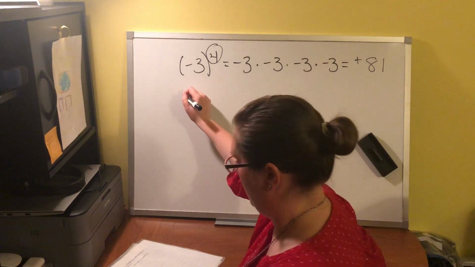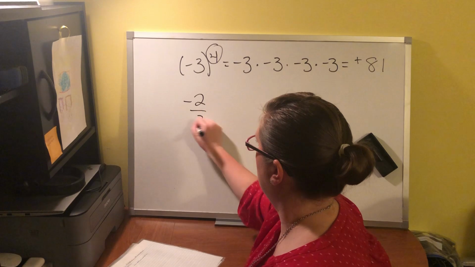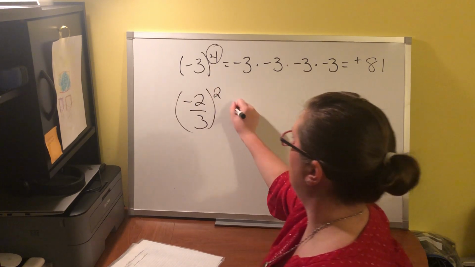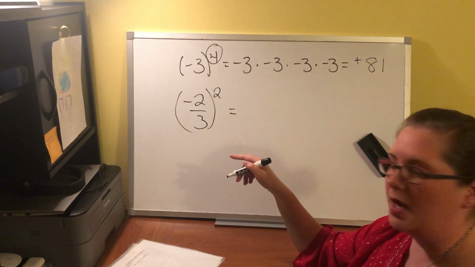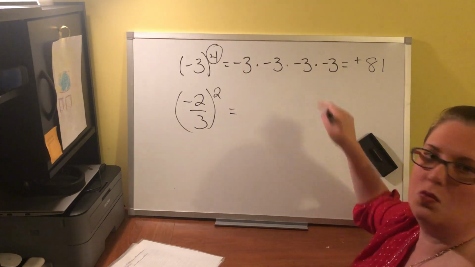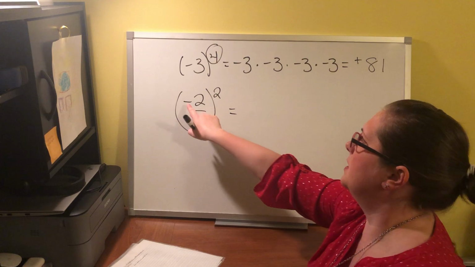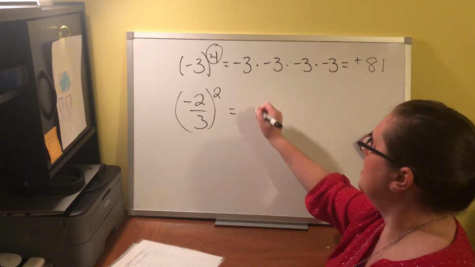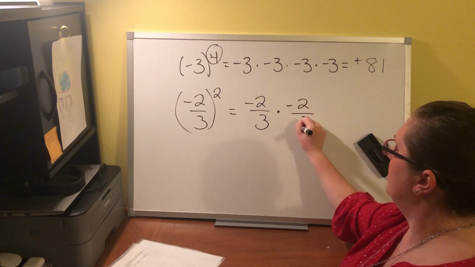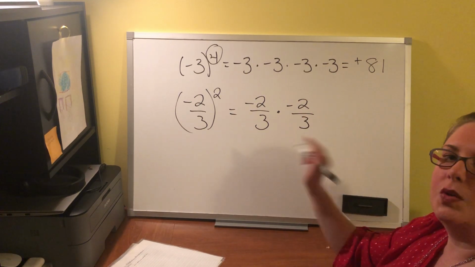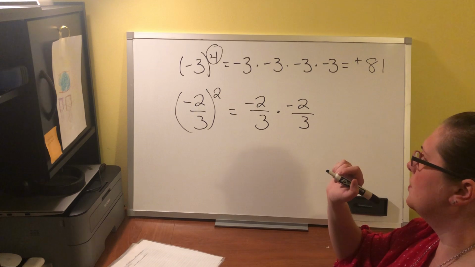All right, we also did some of these problems before with fractions, okay? So you're gonna write out the fraction just like you would if it was a whole number, and this negative's inside the parentheses, which means the negative is included with the multiplying of the base. So here I have negative 2/3 times negative 2/3.